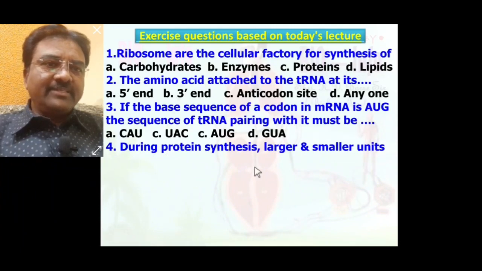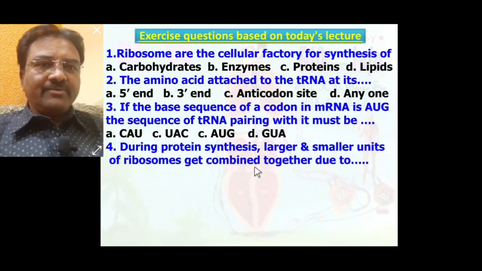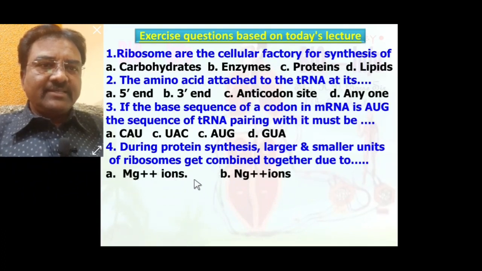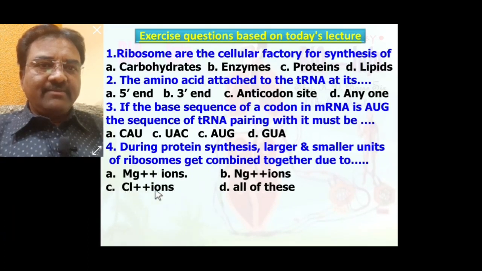During protein synthesis, the larger and smaller units of the ribosome get combined together due to Mg++ ions, Na++ ions, Cl++ ions, or all of these? The correct answer is A, Mg++ ions.